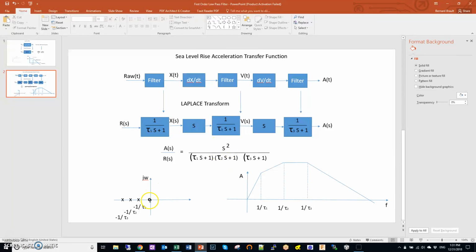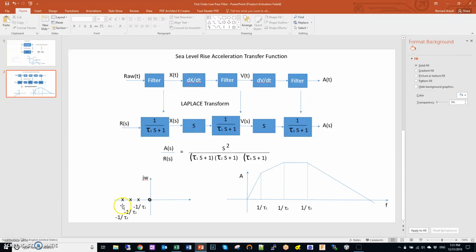You have two zeros that come from the s squared here. If you look at the root of this polynomial, s squared is 0, 0 times 0 equals 0, so the two zeros are here. And for the roots down there, you don't have to multiply the polynomial. You already have the answer. If s is minus 1 over tau 1, this is equal to 0. So here's the first pole, and those are called poles, second and third pole.